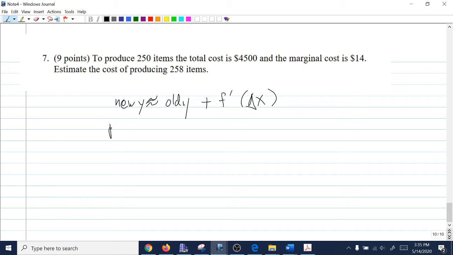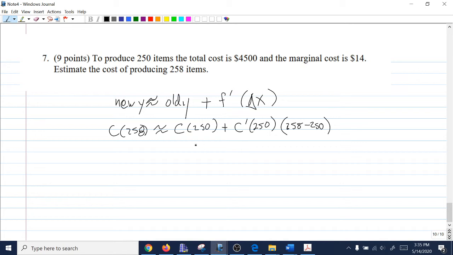Here I want to know what is C of 258. That is a new y value. That is a value that is not given to me by the problem. It's approximately the y value that I know, C of 250, plus C prime of 250, the derivative at that point that I know, times the change in x. How many items did you change? That's going to be the 258, the new value minus the old value.